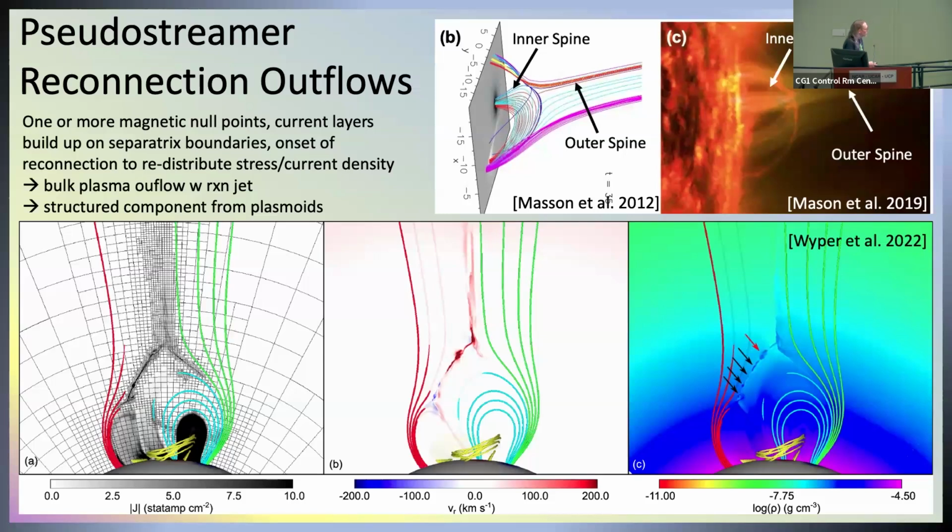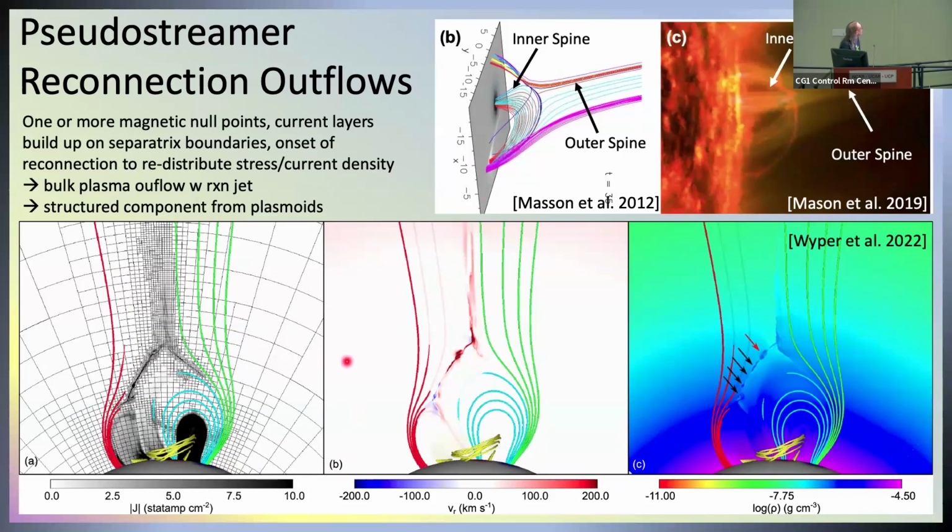Okay, so here are simulations of pseudostreamer reconnection with a bunch of grid points, but it's a similar type of thing. So here's the separatrix surface, and here's some observations, and you can see that they're identical, because this magnetic field stuff works pretty well for explaining the sun.